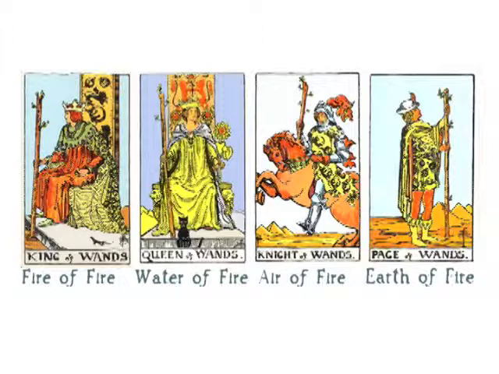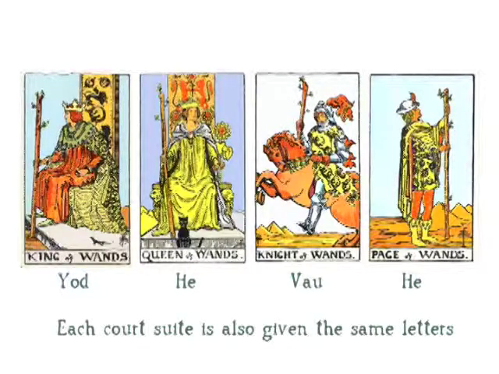And the page would be earth of fire. And each court card is also assigned a letter in the holy name: Yod for the king, He for the queen, Vav for the knight, and He final for the page. And it represents four manifestations of the earth through speaking the word of God.